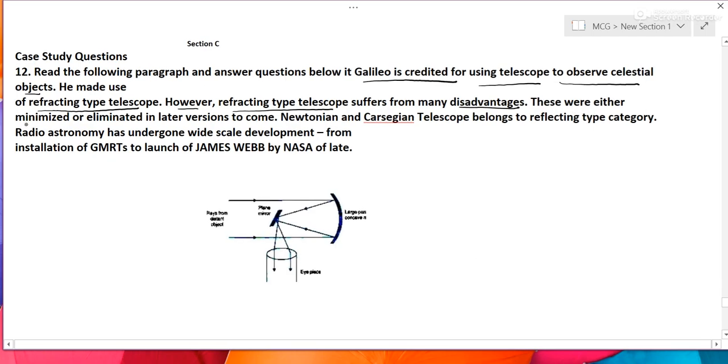These were either minimized or eliminated in later versions to come. Newtonian and Cassegrain telescopes belong to the reflecting type category. Radio astronomy has undergone wide-scale development from the installation of GMRT to the launch of James Webb by NASA of late.